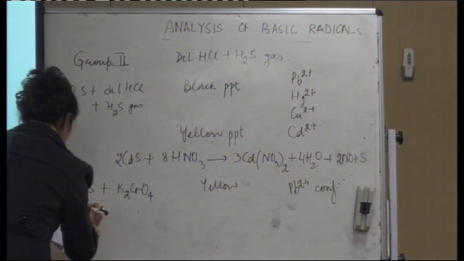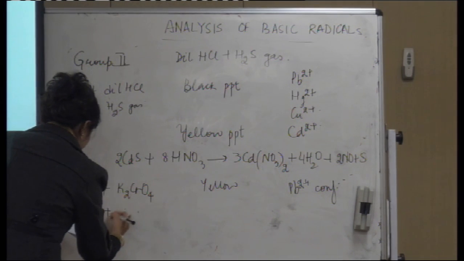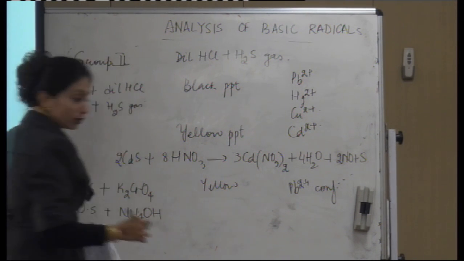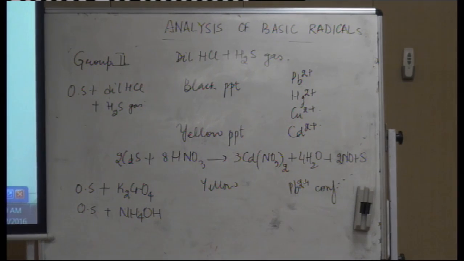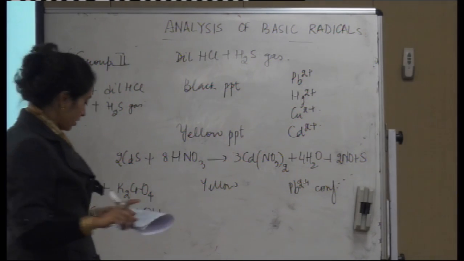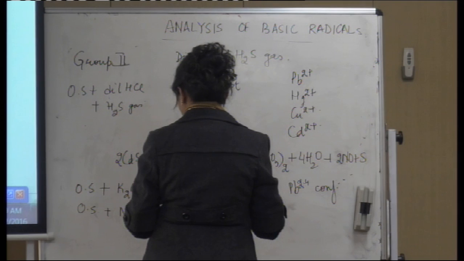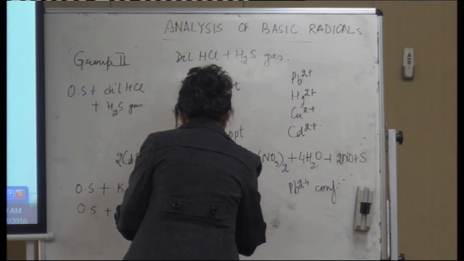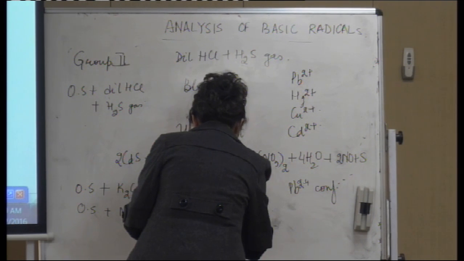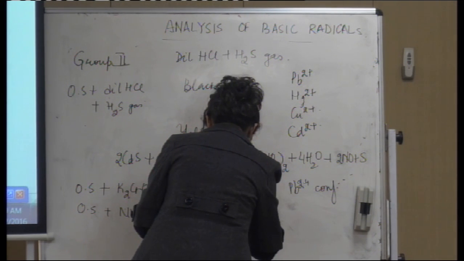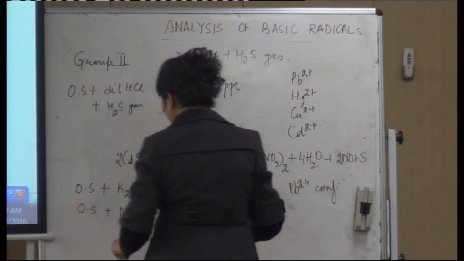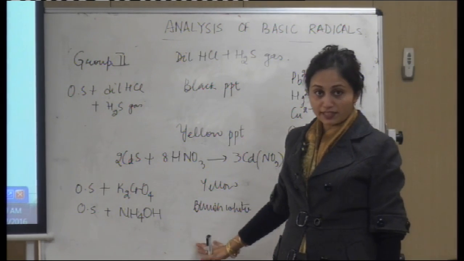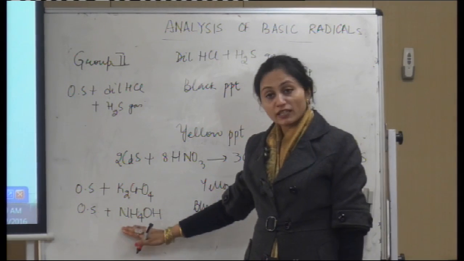I am not writing the reaction for PbCrO4. Do you want me to do that? Write it yourself simultaneously. Okay, then if to the original solution you add NH4OH, you get a bluish white precipitate, and you know that this bluish white precipitate is soluble in excess of NH4OH.